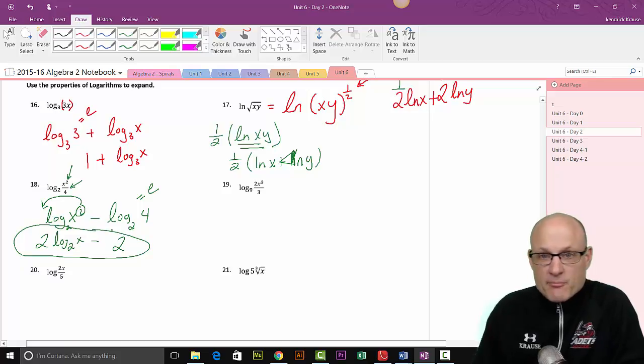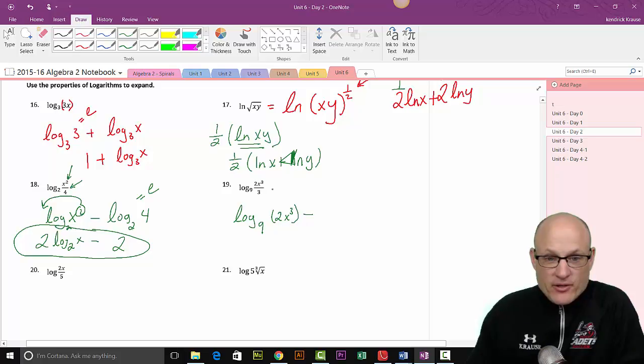Oh, it's all about that base. Here we go again. So this is log base 9 of 2x cubed minus, remember division, it turns into multiplication, log base 9 of 3.